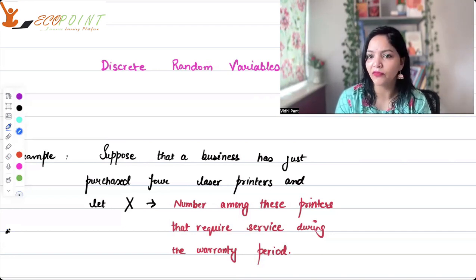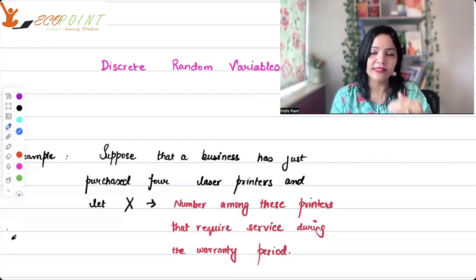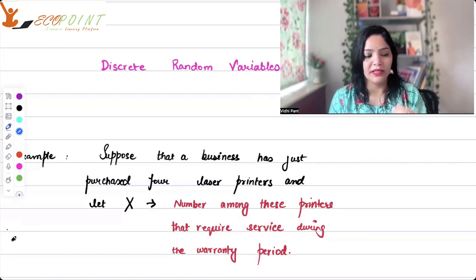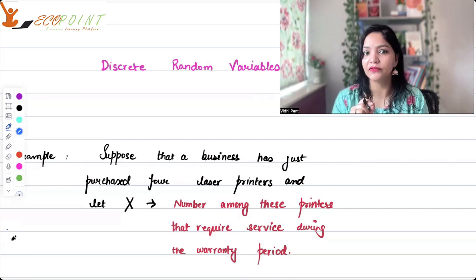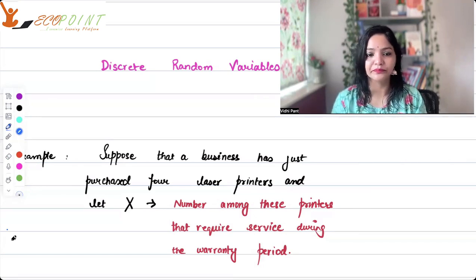Can X take the number 5? No, because there are only 4 printers. So X cannot be 5, right? So this is what a random variable is. An experiment happens. Within that experiment, you can generate a variable which takes certain real numbers. In case of discrete random variables, it will take some integer values, okay?